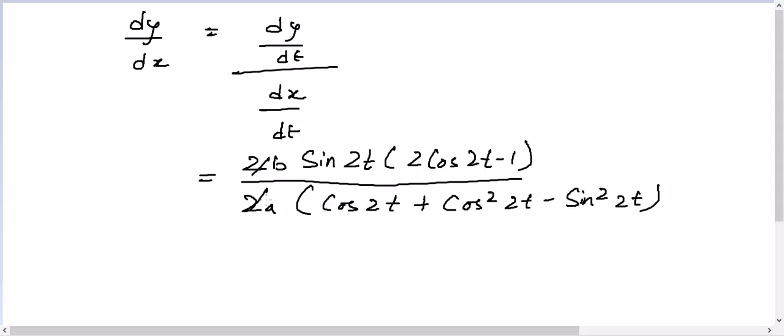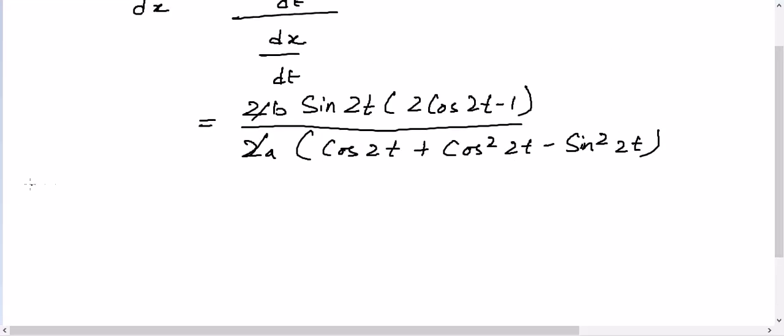We can cancel 2 and 2, and we need to find dy by dx at t equal to pi by 4.